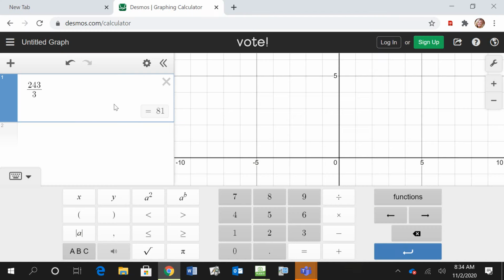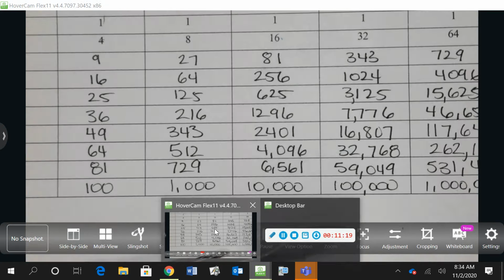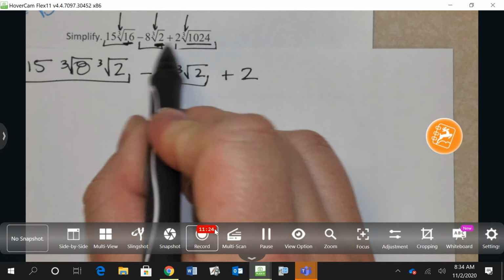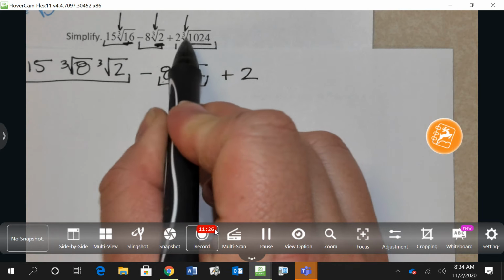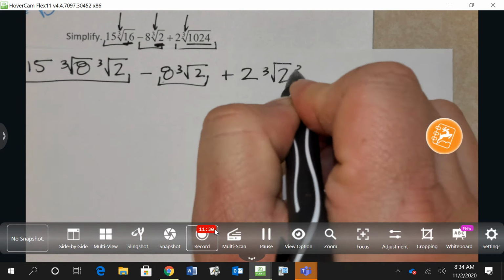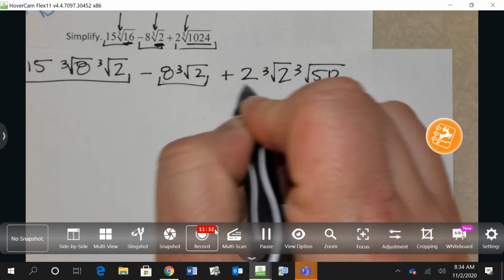And so if you can't do that in your head, you come over here and you go 512 times 2, it works. It's 1,024. So when I come back, I know 2 times 512 is 1,024. So there's 2 and 512.